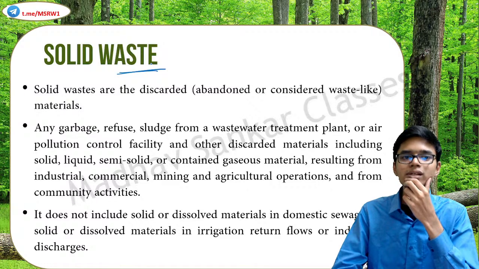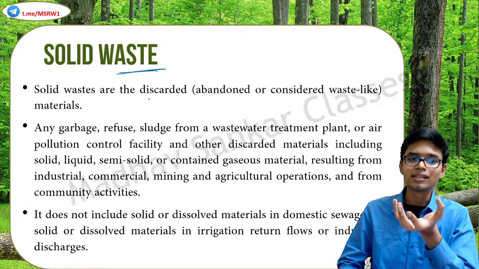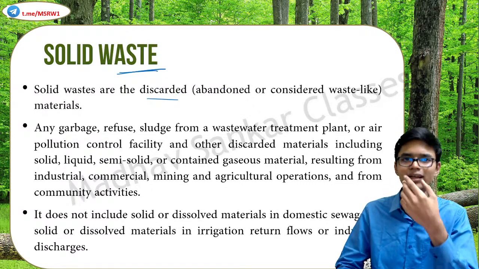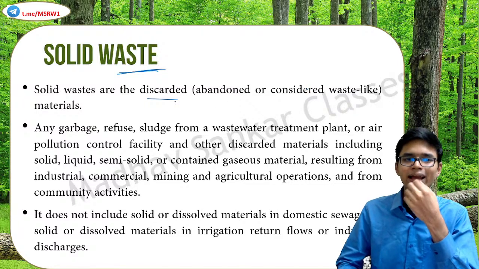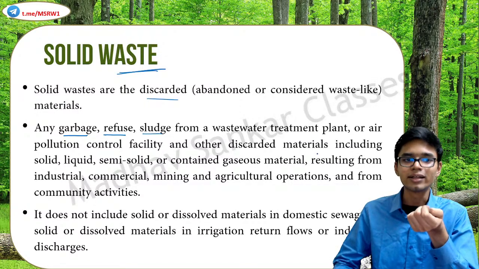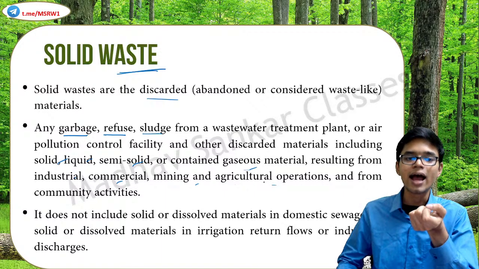Now, solid waste. What is solid waste? Solid waste is basically discarded materials, whatever they could be, abandoned and considered waste-like. Any garbage, refuse, sludge from a wastewater treatment plant or air pollution control facility, and other discarded materials, including solid, liquid, semi-solid, or contained gaseous materials resulting from industrial, commercial, mining, and agricultural operations and from community activities.